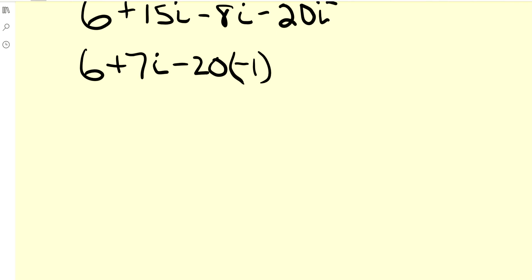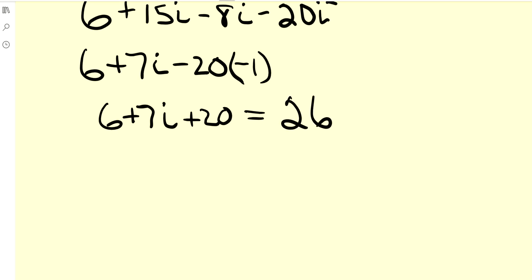All right, so what changes here? 6 plus 7i plus 20 is going to equal 6 and 20 is 26 plus 7i. And that's the additional work you have to do.